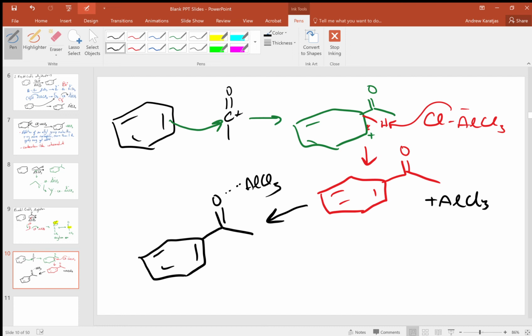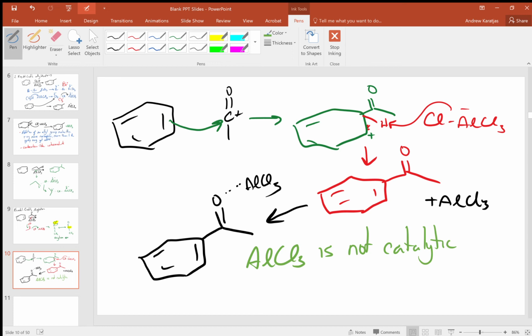But two major factors here. Because of this last step, first of all, in this reaction, the aluminum chloride is no longer catalytic. Initially, it looks like it is, but it turns out it isn't because it becomes attached to the oxygen. And so it's needed in a stoichiometric ratio.